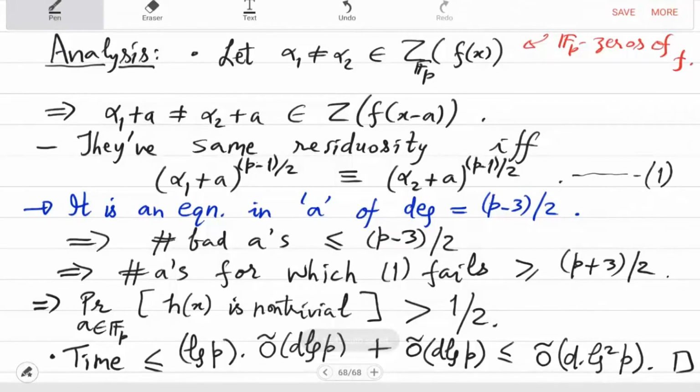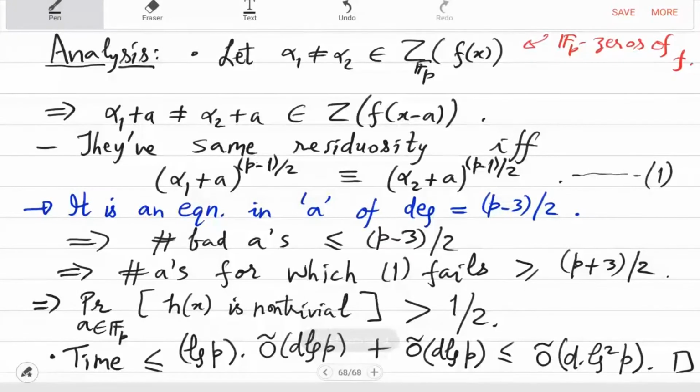The first one is for reducing the exponential degree second polynomial, this x plus a to the p minus 1 by 2. That is the dominant complexity. Okay.